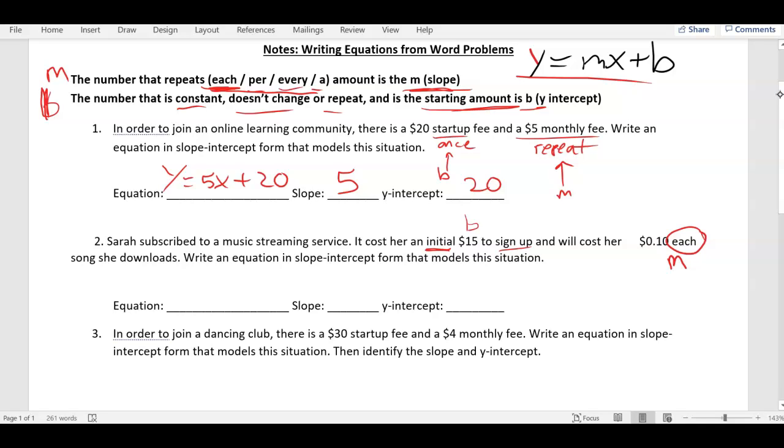So my m is 0.10. My y-intercept is 15 bucks. And now I can write my equation: y equals 0.10x plus 15. You're just finding what's changing, and then what happens once.